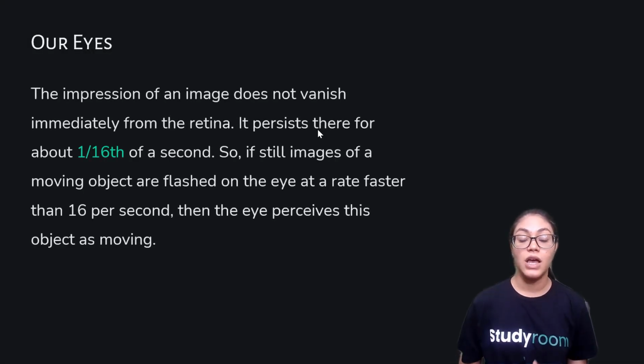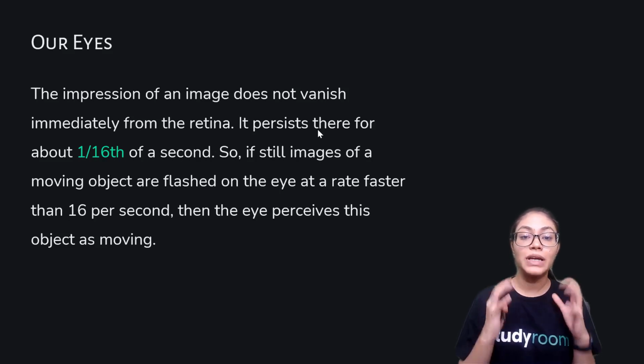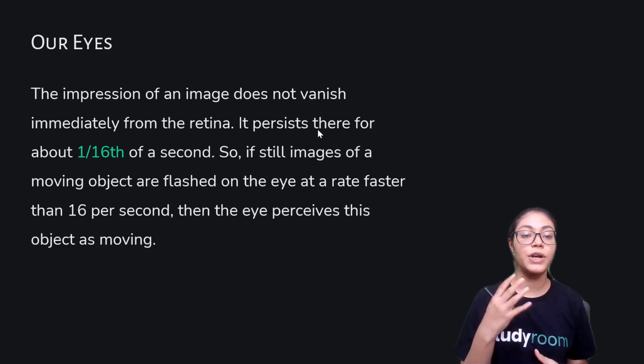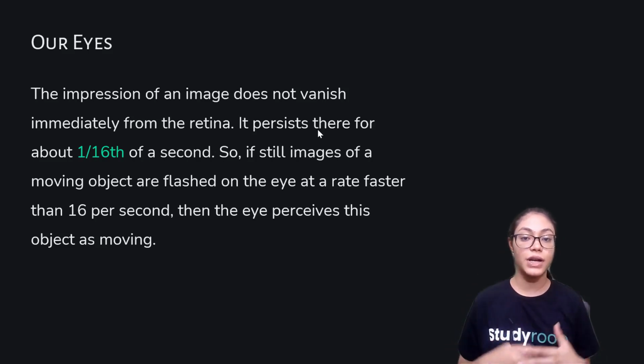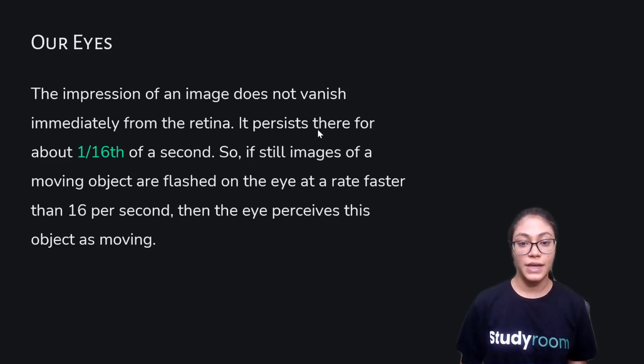Now what happens in our eyes is that the impression of an image does not vanish immediately from the retina. We already know that the image is cast on the retina, but this image does not immediately vanish. It persists for about 1/16th of a second.